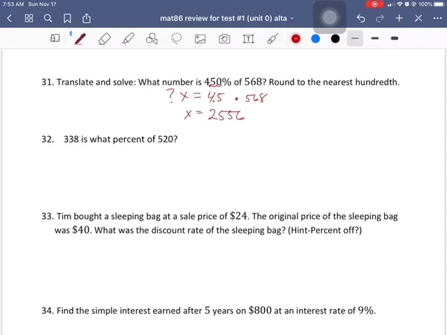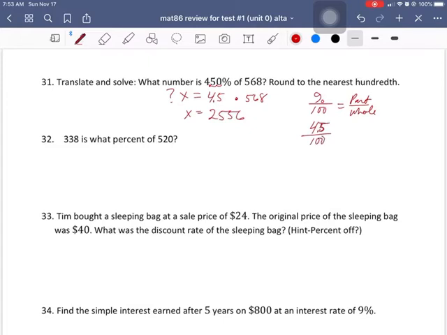If you use the formula, there's one that says percent over 100 equals, and there's different words for this part. Some people call this the part and the whole. Some call it a base and an amount, whatever. This would be 4.5 over 100.